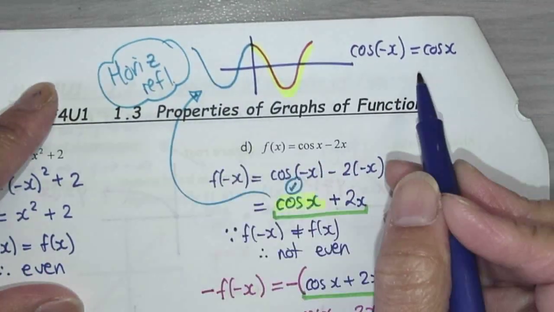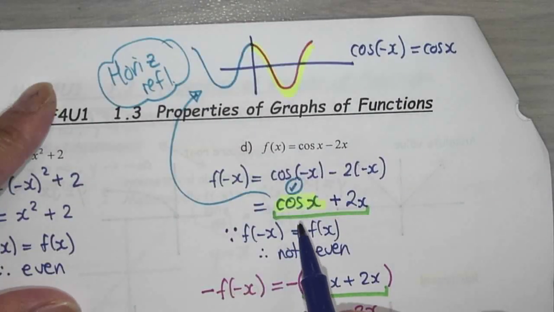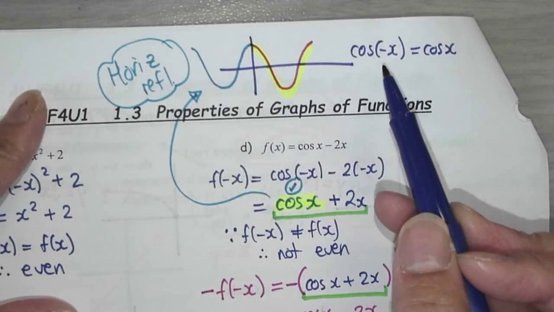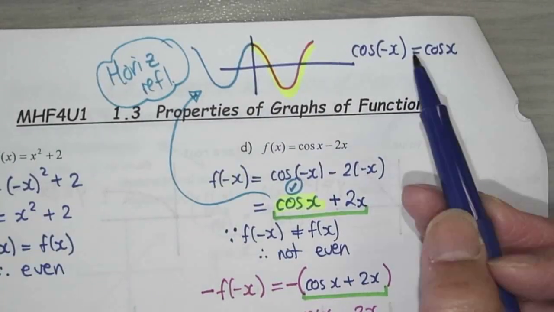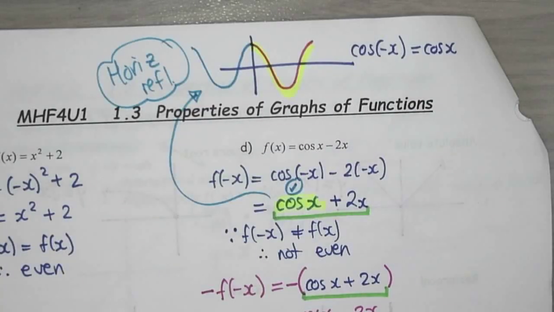Because a horizontal reflection ended up doing nothing, that's where this came from. So wherever possible, do a simplification. Sometimes you can't. If a horizontal reflection or a vertical reflection doesn't change it, you can't simplify it. So don't force it, but when you can, I simplified it. So I said horizontal reflection is back to my original. I'll just write it as cos x. Again, that's you showing me your trig knowledge. So whenever you can, you want to do that.